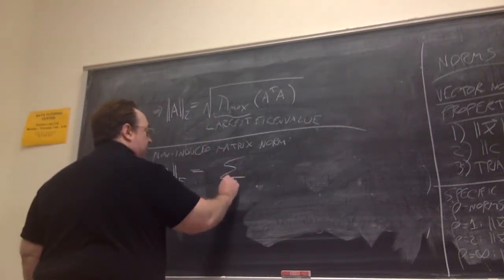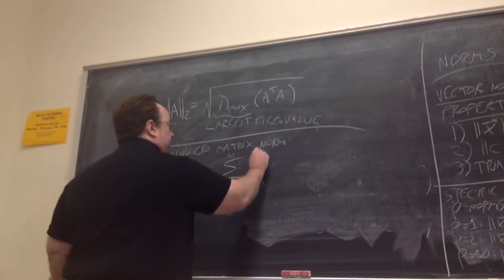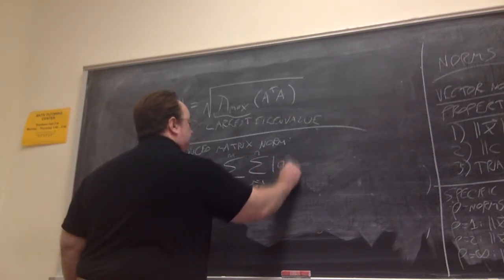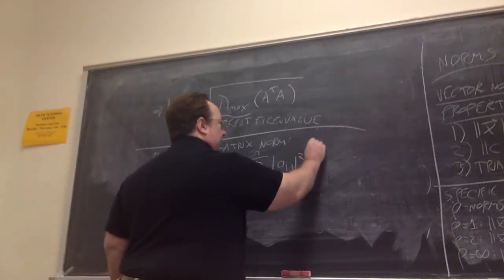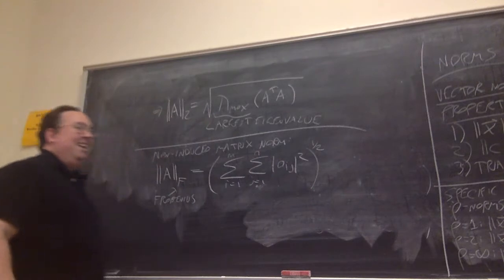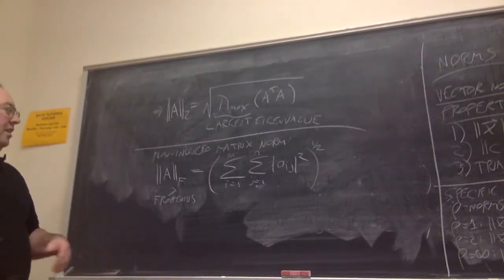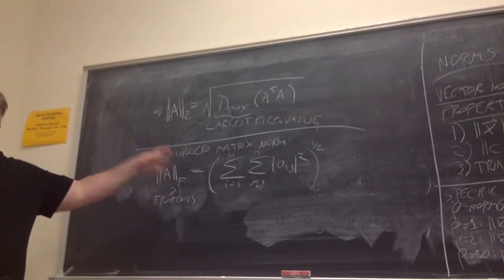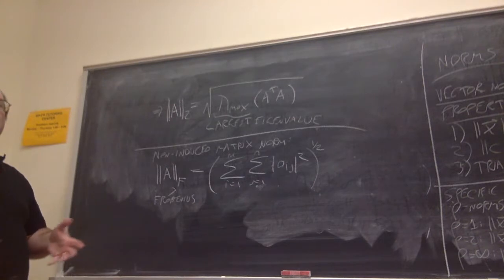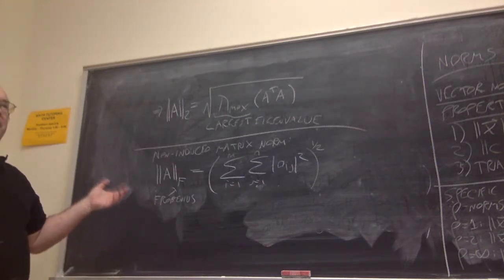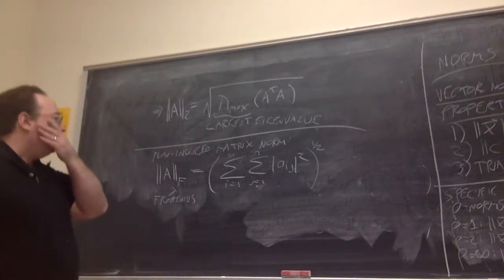You take the sum of squares of all the matrix entries, and take the square root. So much easier to compute. It's almost like if you took the matrix and reshaped it into a big long vector and took its vector 2 norm, then that would be the Frobenius norm.